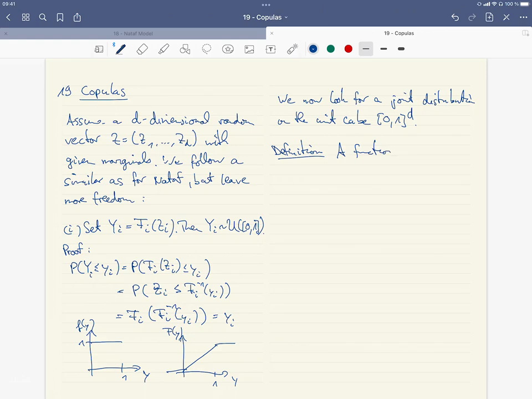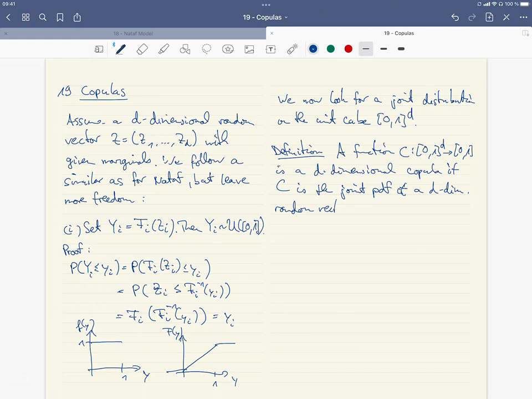A function, called capital C for copula, from 0, 1 to the d into 0, 1 is a d-dimensional copula if C is the joint CDF of a d-dimensional random vector on the unit cube with uniform marginals.